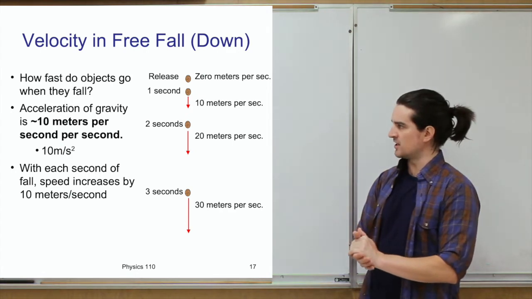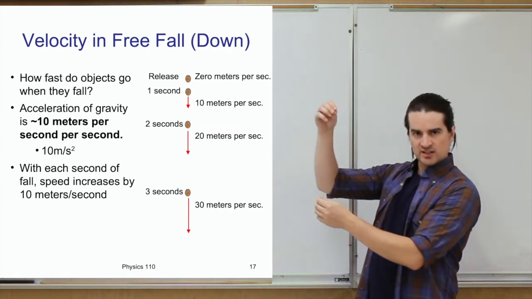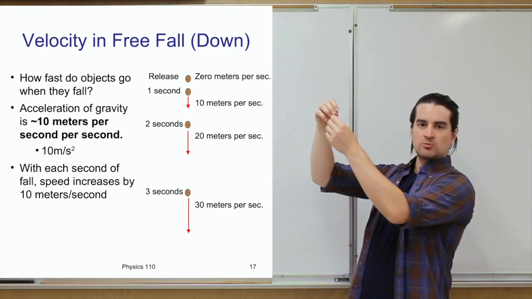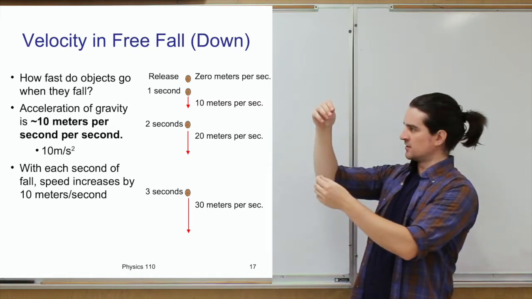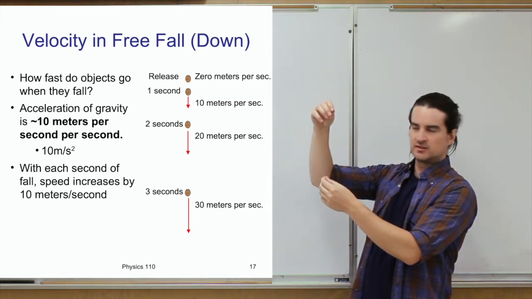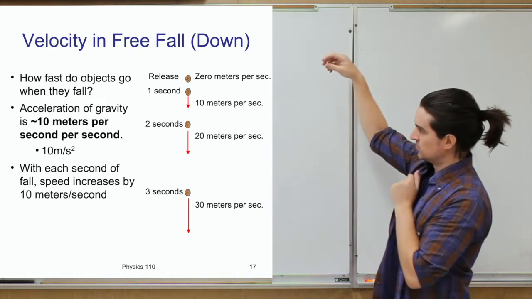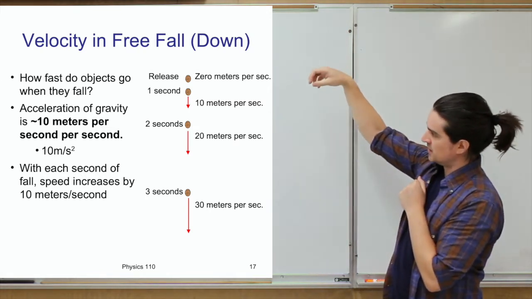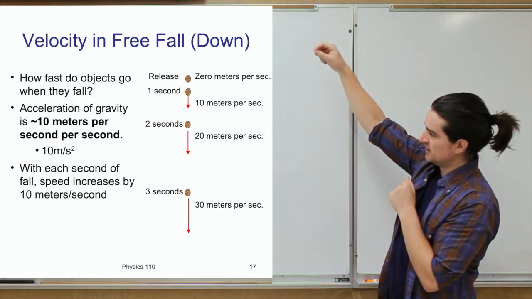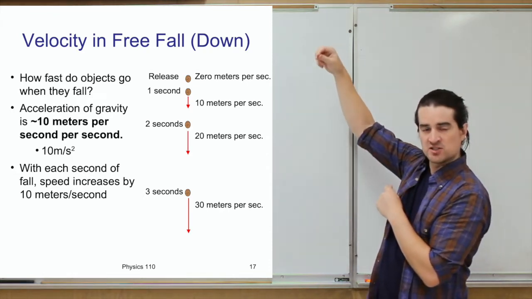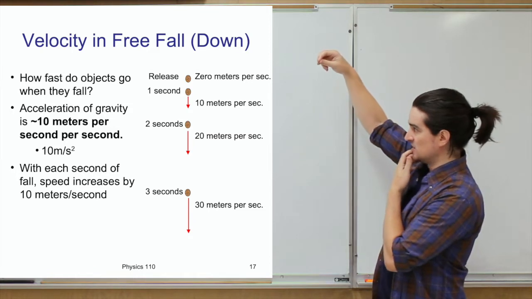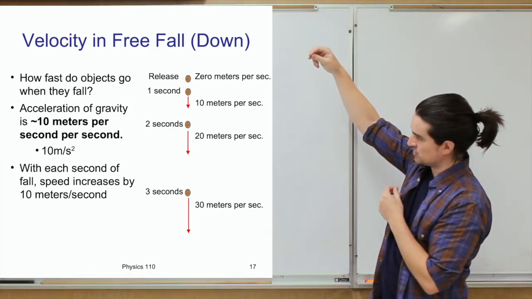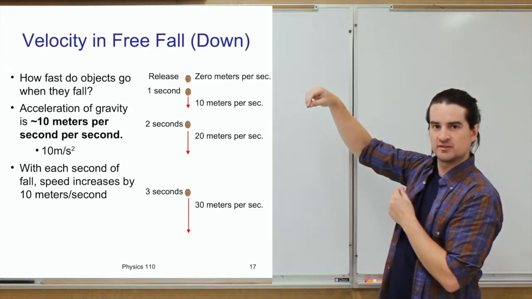What that means is that in 1 second, the object's velocity will have increased by 10 meters per second. So if you release, say, this ball, in 1 second we will have gone from rest, 0 velocity, 0 speed, to 10 meters per second.